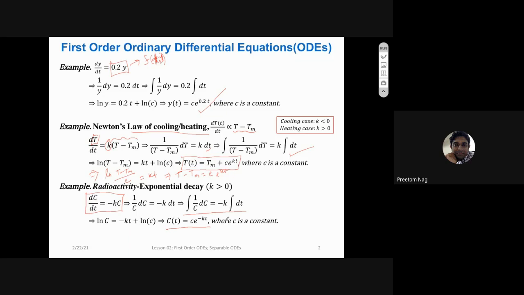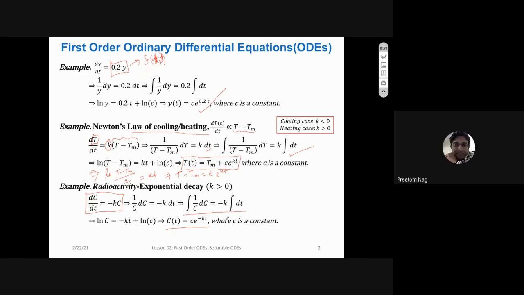You don't need to memorize this equation, but if you properly follow the explanation of Newton's law of cooling and heating, then this equation will be automatically stored in your brain. You don't need to memorize. Okay, our examples don't actually come this way. Yes, okay sir.